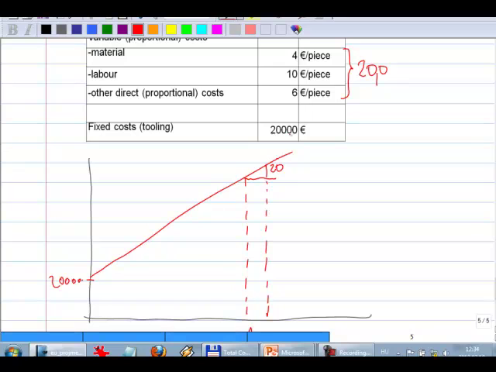What is the starting point of that revenue line? 0. Is it true that when we sell 0 product, our revenue is 0? So it goes from here. And what is the slope of that line?